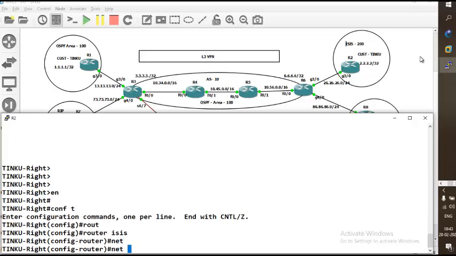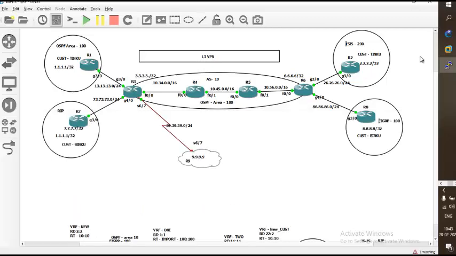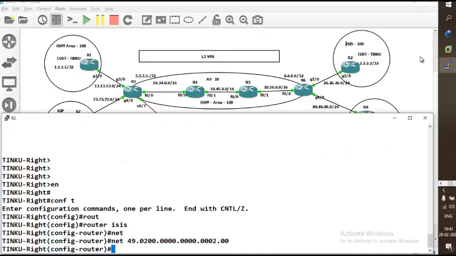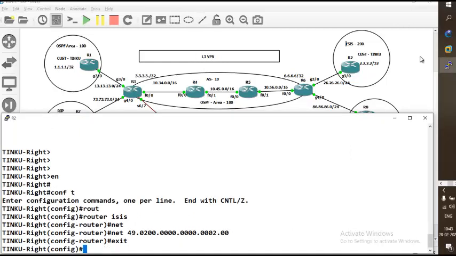Net ID is 49.0000.00200 is the area, then dot 0000 dot. Okay, and then I need to go under the interface.